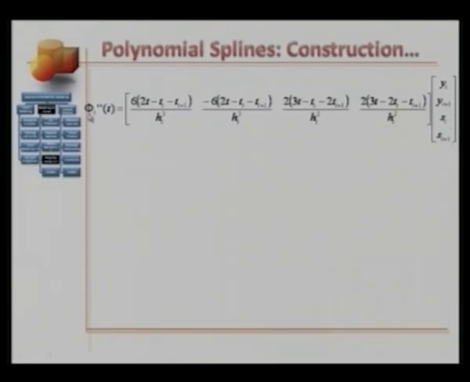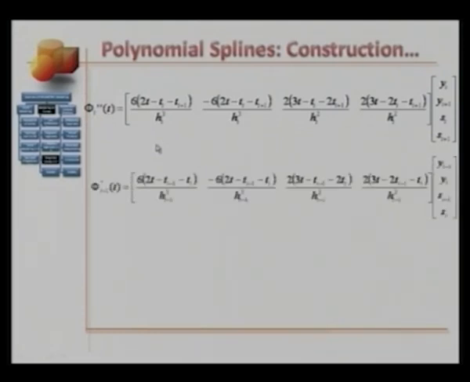Remember, the second derivatives of the i minus 1th segment and the ith segment at the common knot ti are equal. All you need to do is set i equals i minus 1 to get this expression.